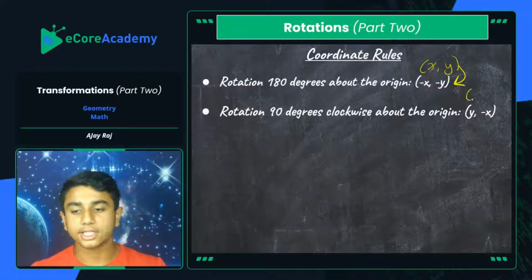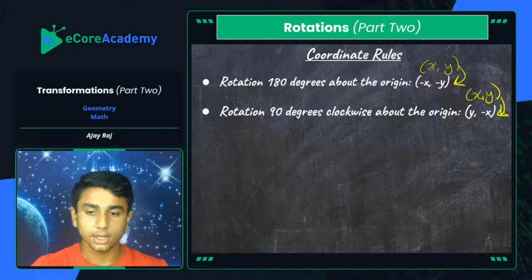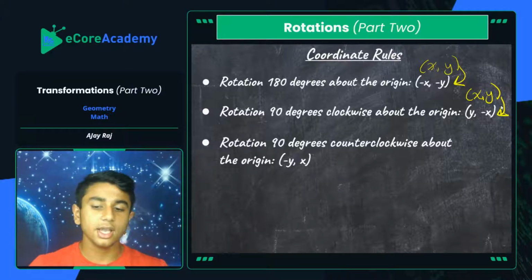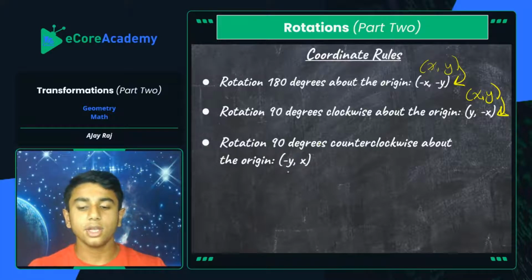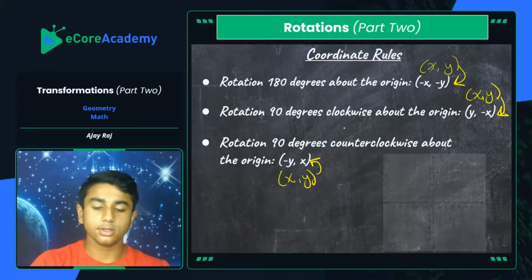So you're taking x, y, and altering it to y, negative x. And finally, for rotation 90 degrees counterclockwise about the origin, which is basically negative 90 degrees, that's going to be negative y comma x, which is simply altering x comma y to negative y comma x, and that's the opposite of y right there given to you.